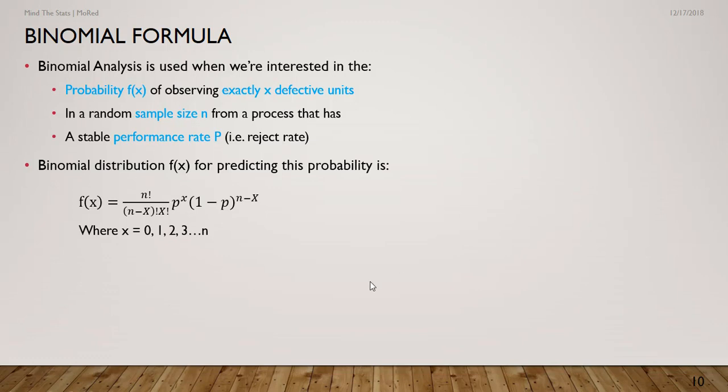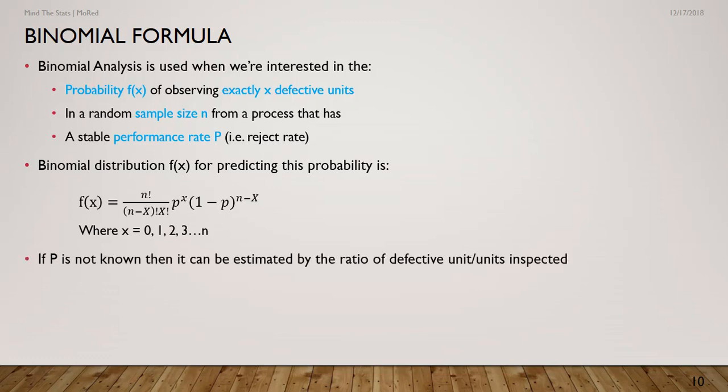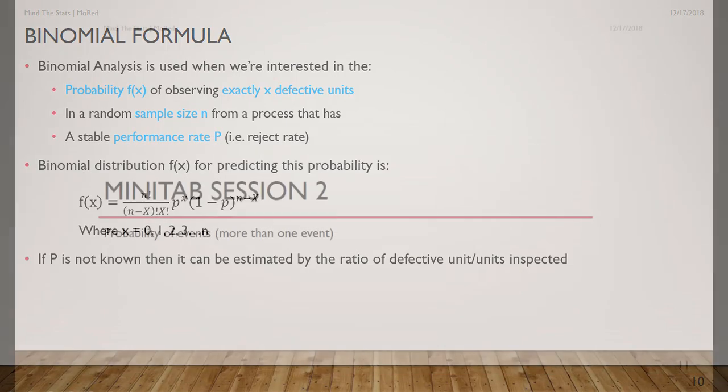A lot of these factors simplify themselves to 1, and then you end up with (1 minus p) to the power of n when x is equal to 0. The value p, or the reject rate, if it's not known, can be estimated as the number of defective units over the sample size you choose over a period of time when the process is in stable condition. Such approximation could be qualified using a standard error, but we're not going to discuss that in this session.